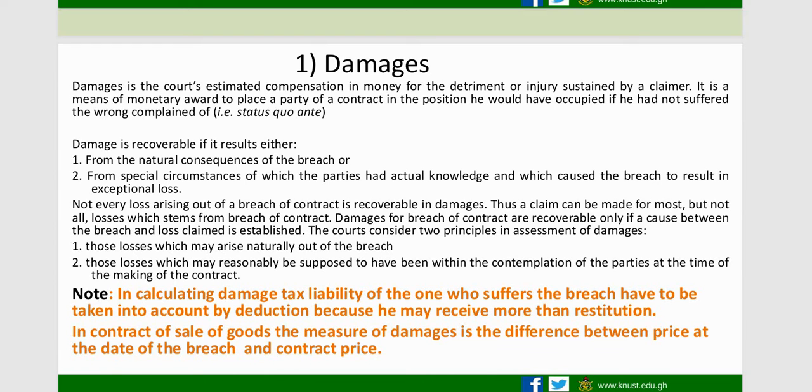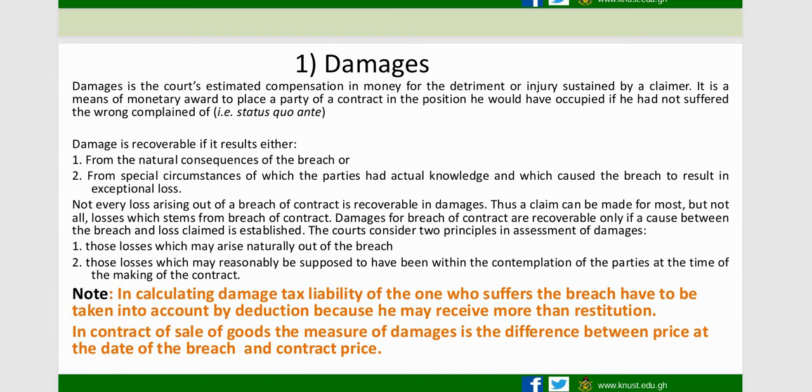So we are saying this is money paid to the person who suffered a loss from the breach of contract. The main reason why we pay this money is that we want to put the person in the position where, if everything had come up successfully, that person would be, right? Because we don't care about causing damage or harm to that particular person. I hope you get it.